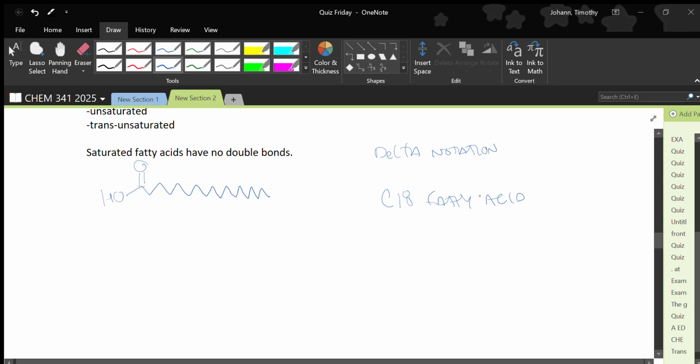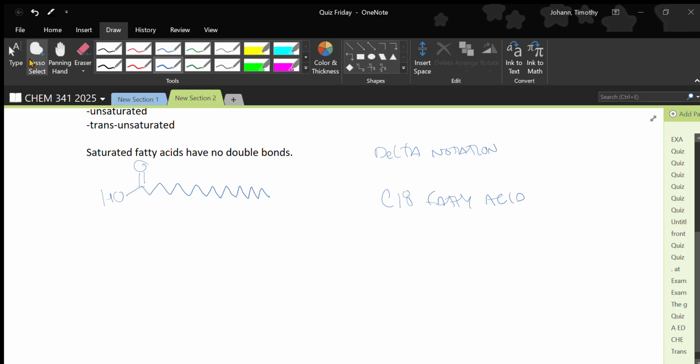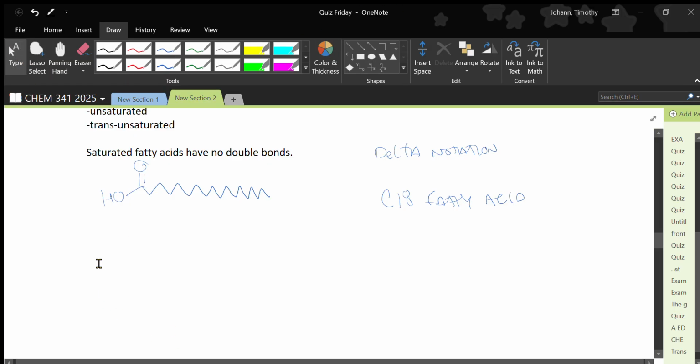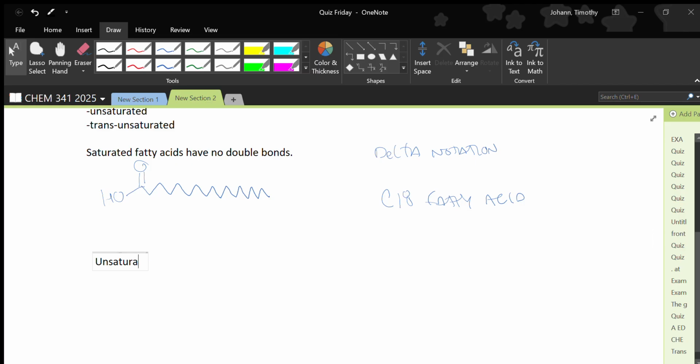Unsaturated fatty acids have one or more double bonds. And I'm going to say cis double bonds.